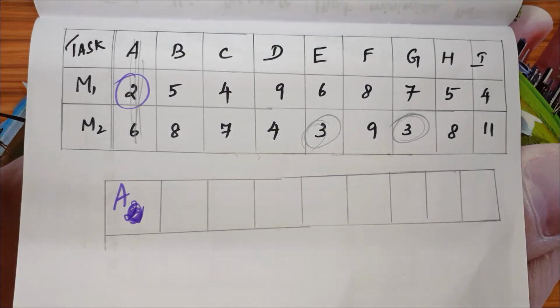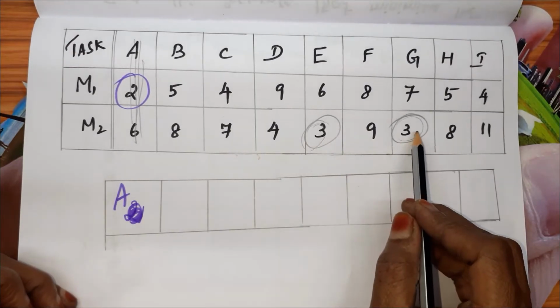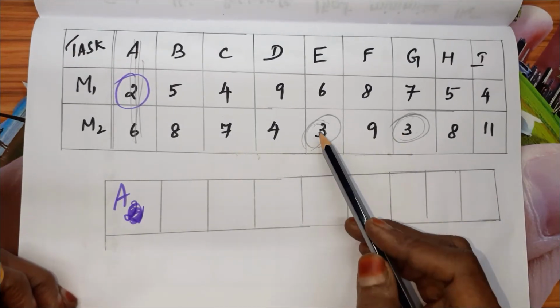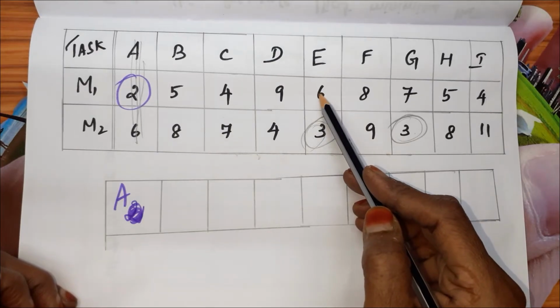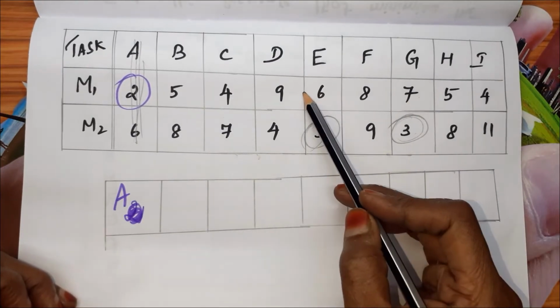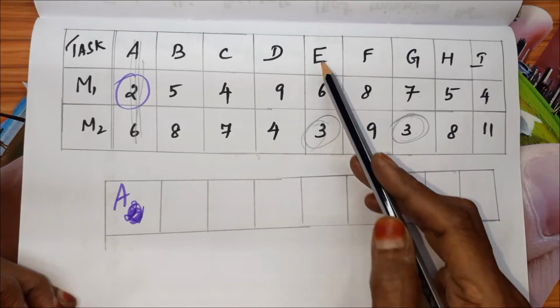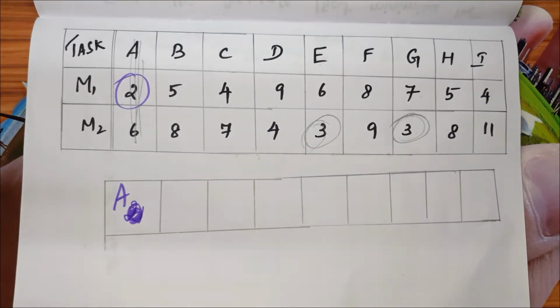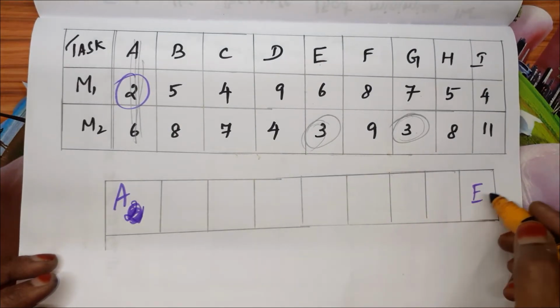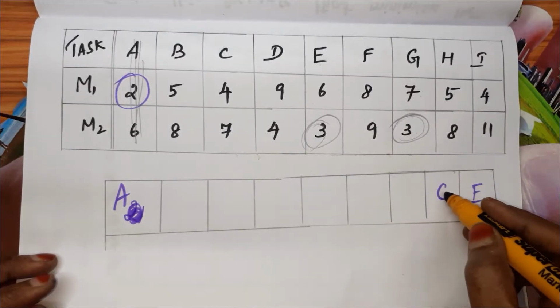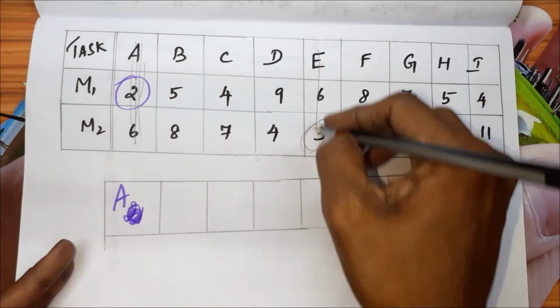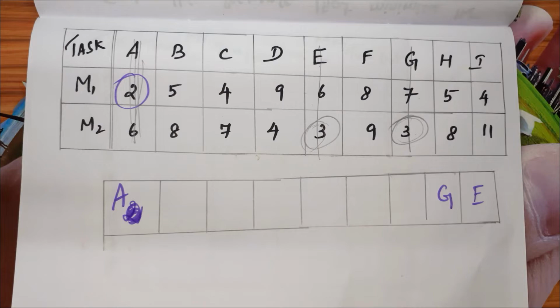So the first job on the right side is E, and the next job is G. So E and G are taken for the value 3.